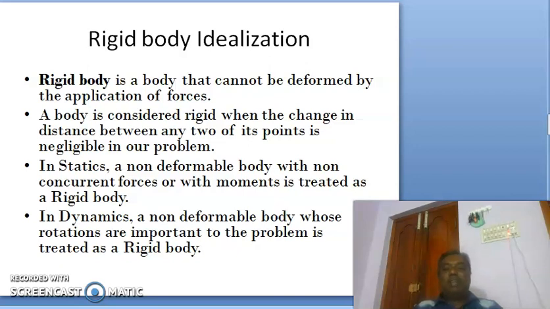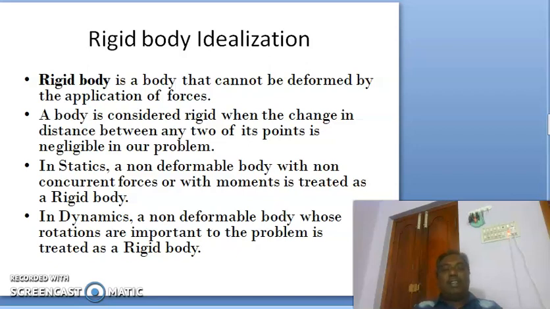So in engineering mechanics, we only have two types of bodies. One is particle, another one is rigid body. So we have deformable bodies and all, but we don't study them under engineering mechanics.